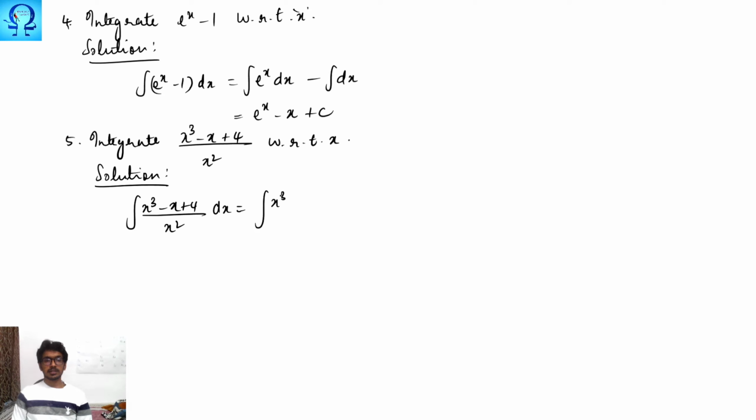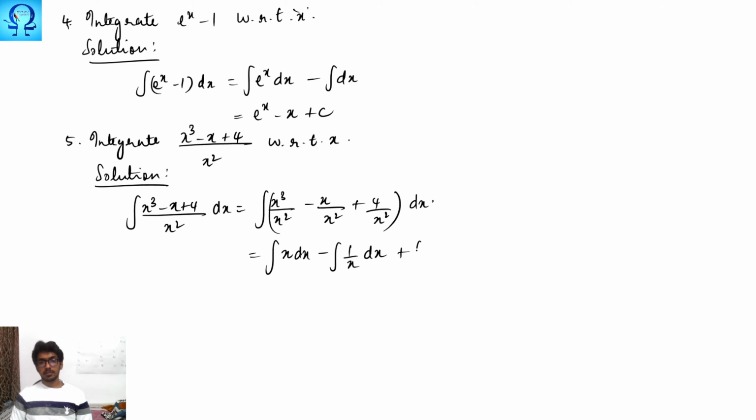This shall be written as integral x^3 upon x^2 minus x upon x^2 plus 4 upon x^2 dx, and this is integral x dx minus integral 1 upon x dx plus integral 4 upon x^2. This may be written as x^(-2) dx.